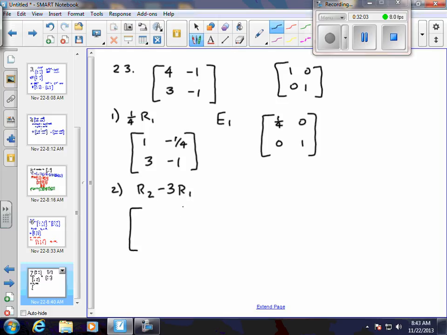This is when I pull out a piece of scratch paper to do this on because it gets so cluttered otherwise. But over here I'll take my row 2 and I'm going to multiply row 1 by -3. So -3 times 1 and -3 times -1/4. And that gives me 0 and -1/4 for my new bottom row.